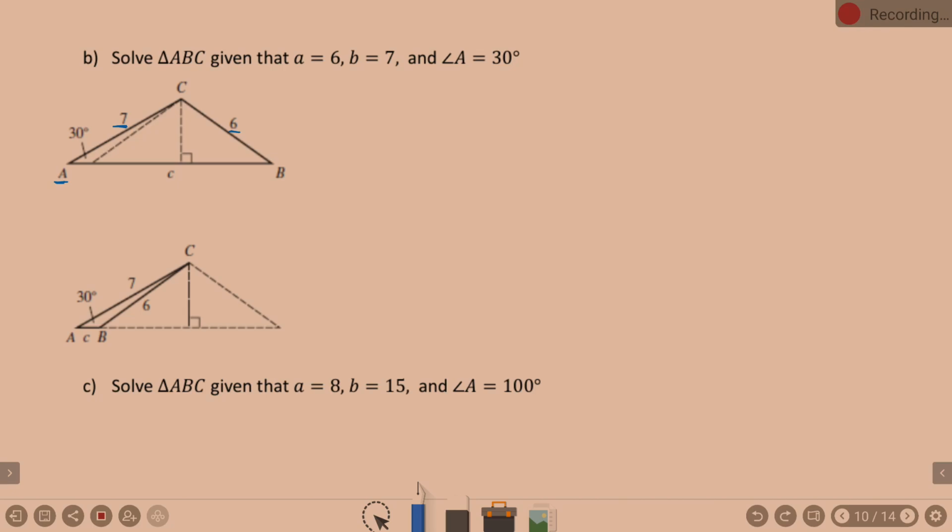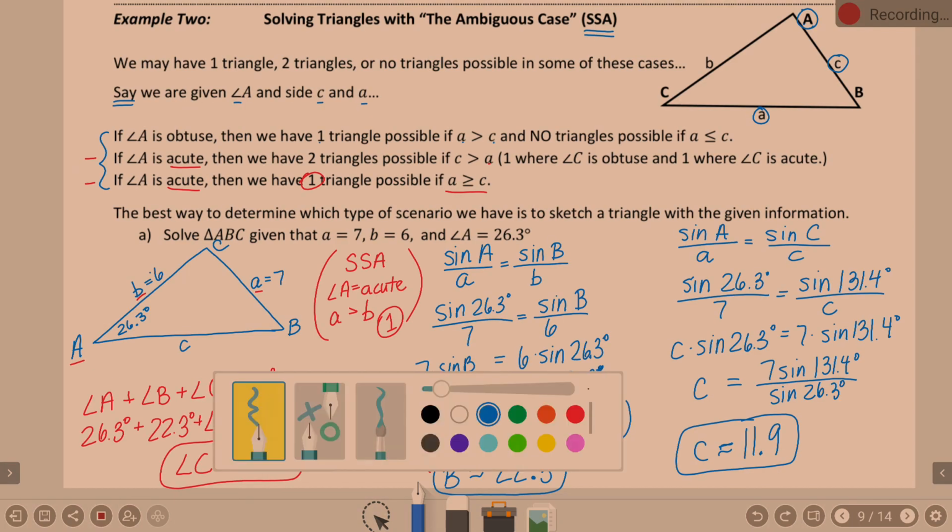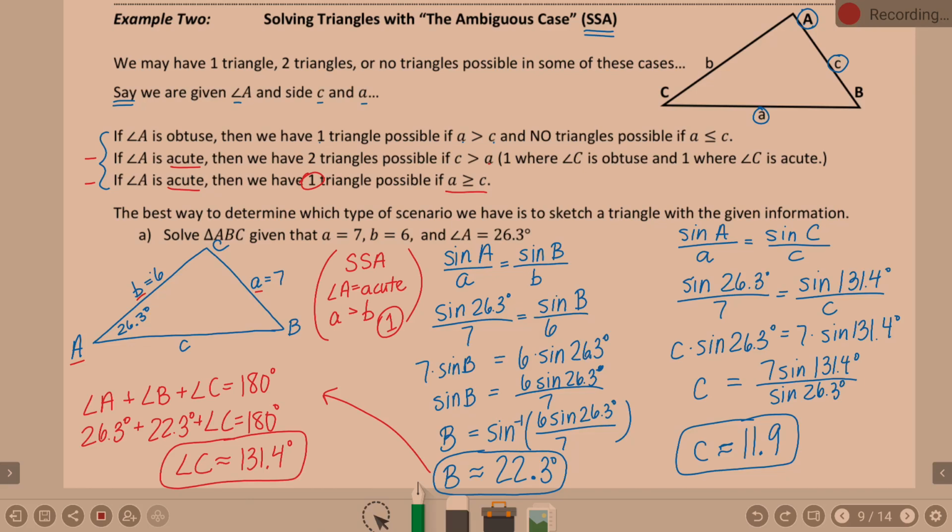An angle, and across from the angle is the smaller of the two given sides. Well, guess what, guys? You can probably already guess based on what you're seeing. They give you an acute angle, and the side opposite it is the smaller side. Guess what? This is our scenario where we have two triangles.